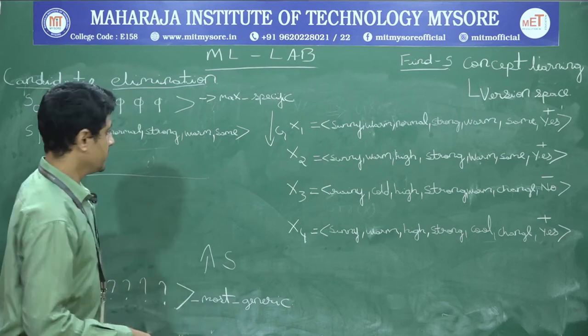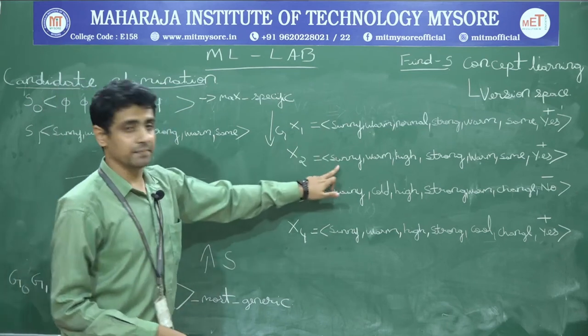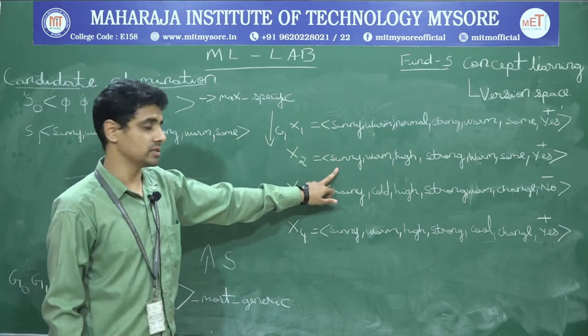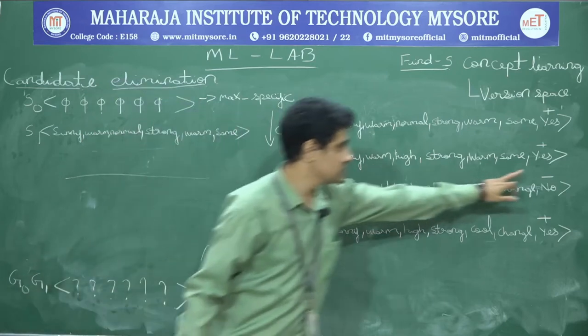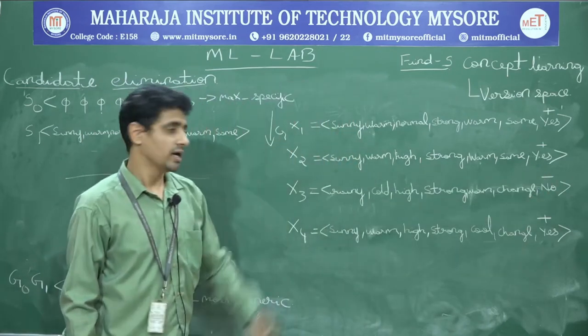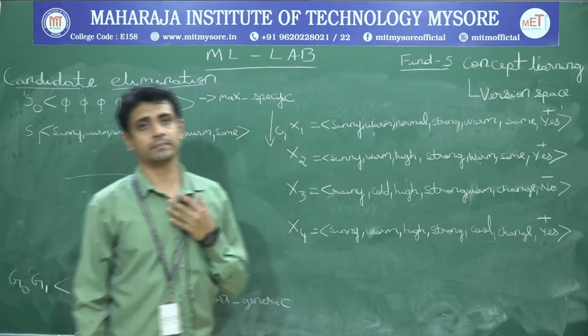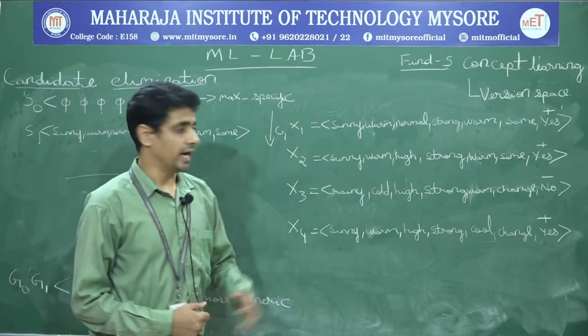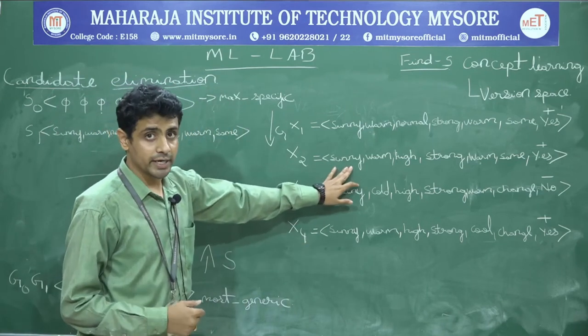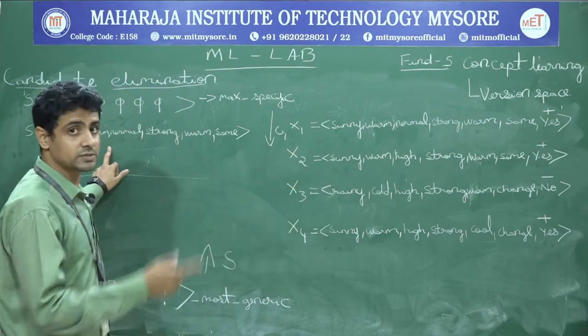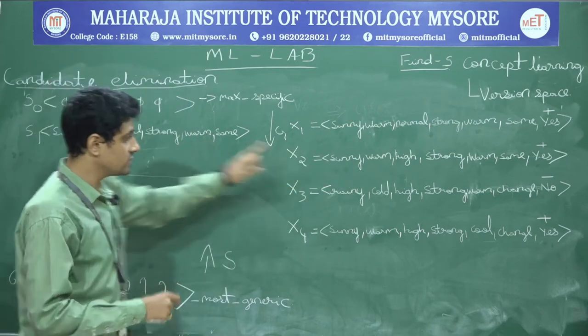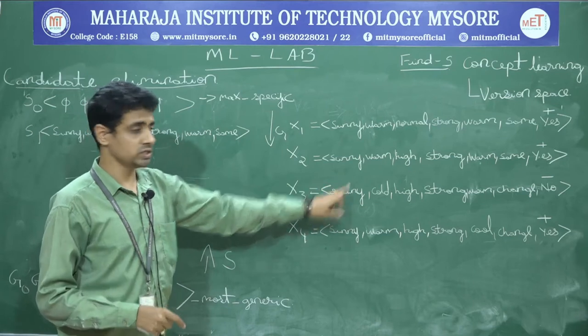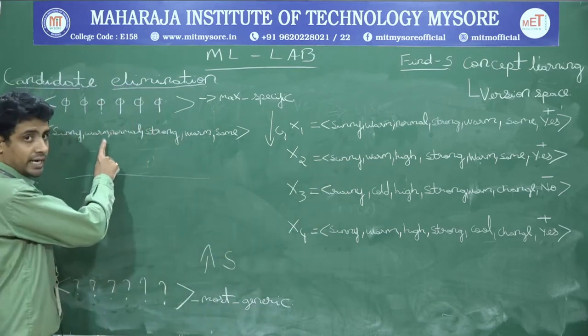Now continuing, let me take the next example, that is the second instance. Again it's a positive. As I mentioned, when we have a positive example, I am supposed to go with the specific boundary. So we need to compare with the current hypothesis.